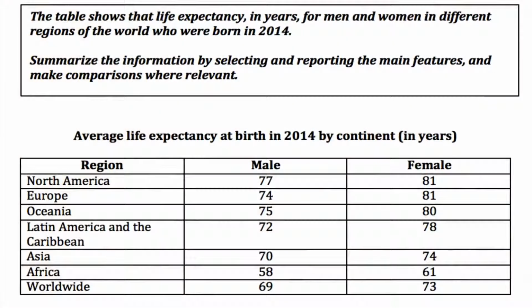And to be honest, there isn't really anything because, as already discussed, females are expected to outlive us poor men in all regions, and there doesn't seem to be anything else that stands out as being different from the major trends in the table. So even though that question may not have helped us, it's still a good one to ask, because that would be something that would be significant, because it would stand out a lot more from the general trend.